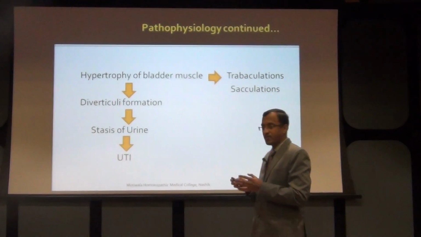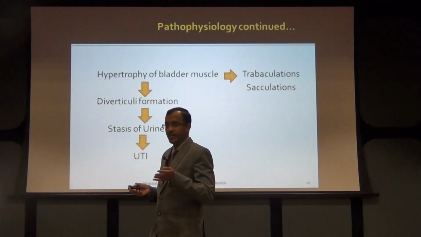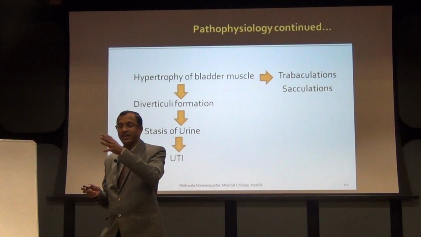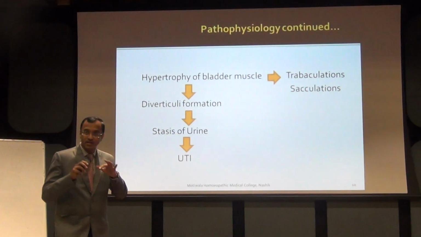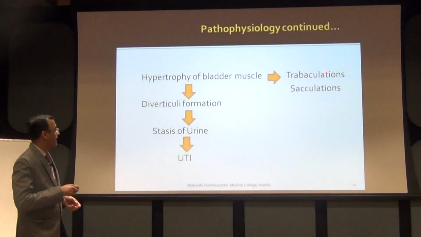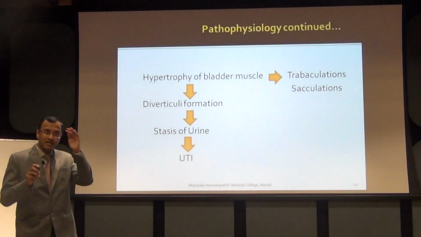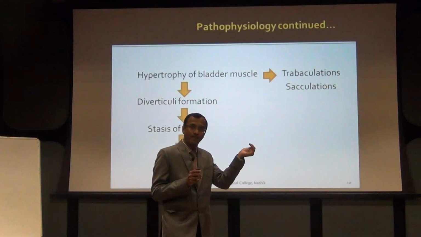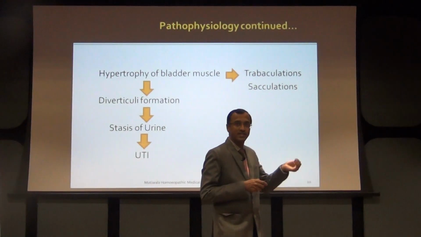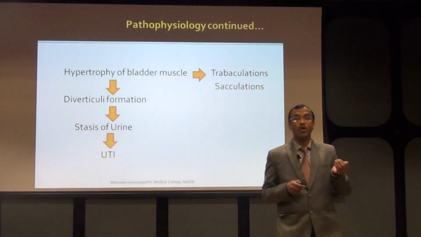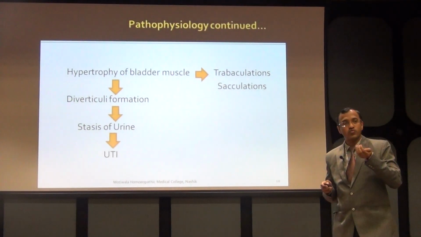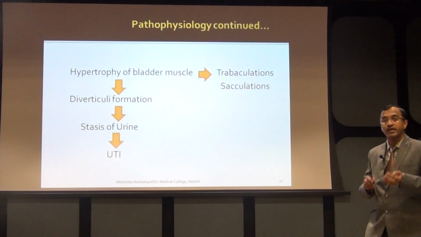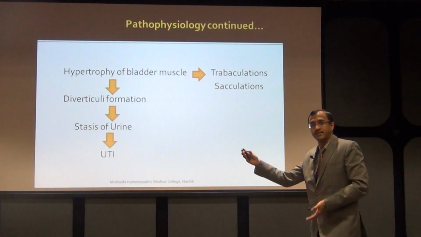Because of the hypertrophy of the bladder muscle, initially there is an irregular pattern of the inner mucosa, giving rise to trabeculations, but later on they form a saccule, and once this sacculation is formed, there are chances that the post-void residual amount of urine, the PVR, will be significantly increased.